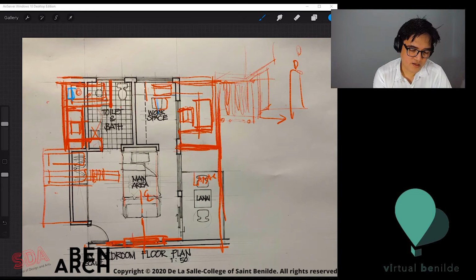You could say that if the water closet, for example, is placed here and my bathtub is placed here, what would happen? So make other possibilities happen to see iterations. Let's say this is my closet space, and I want this to be that. So this is going to be more of a shower area and at the same time a bathtub. It still works out, but is it better?